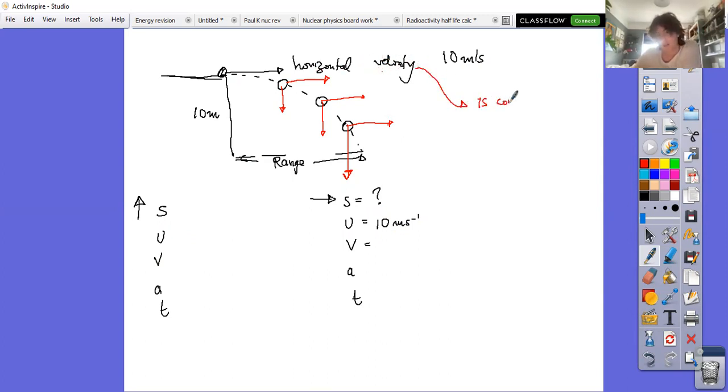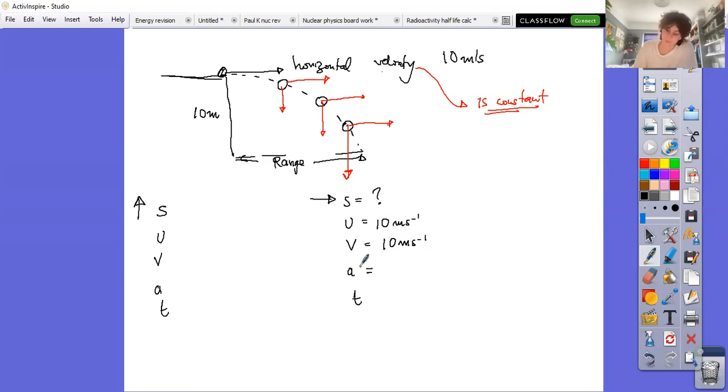Horizontal velocity is always constant. If you're asked to answer the question why it is always constant, there are no forces impeding its motion horizontally. There's nothing acting horizontally to reduce the speed. Will it just say that air resistance is negligible? Absolutely, that one is key. So with that assumption still in place, the final horizontal velocity will still be 10 meters per second.